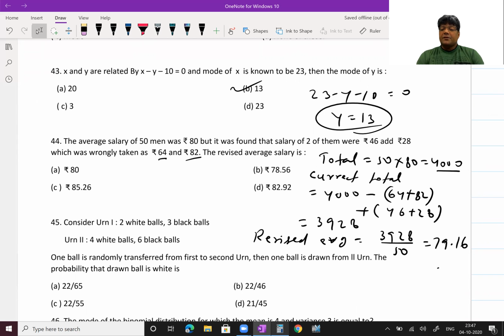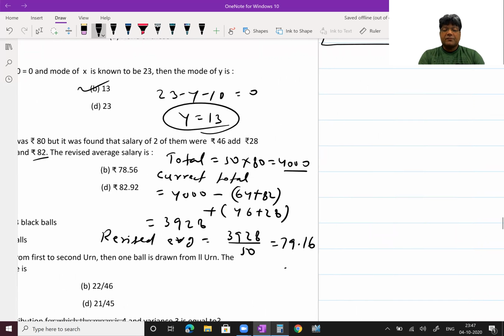The average salary of 50 is 80, correct. It was found that the salary of two of them was this and this, which was wrongly taken as 64 and 82. 64 and 82 is subtracted and 46 and 28 added. It's correct only. So I'll have to check the calculation.